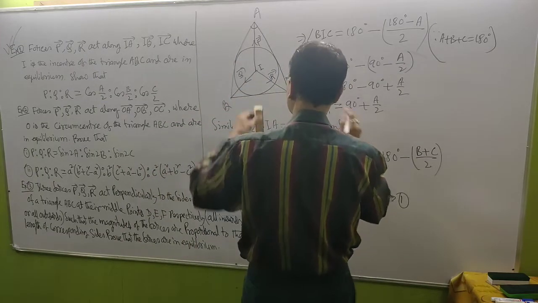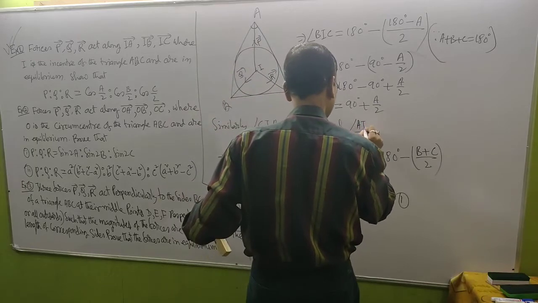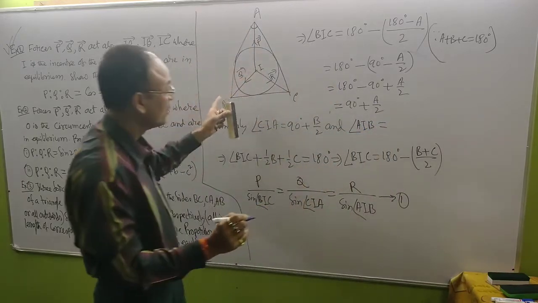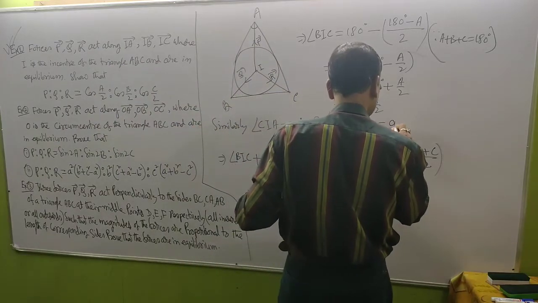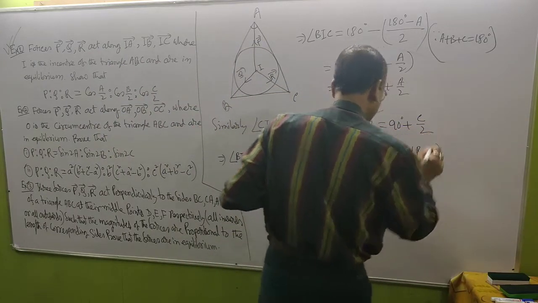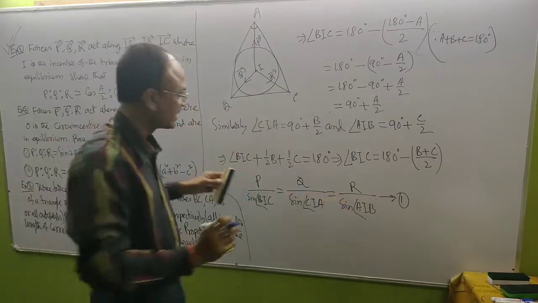And angle AIB will be equal to 90 degrees plus C by 2. Therefore, from 1 we will get.